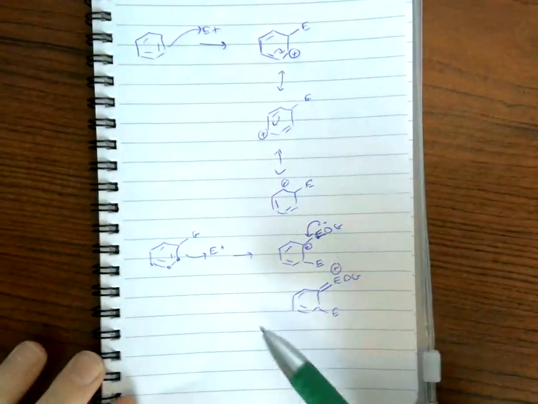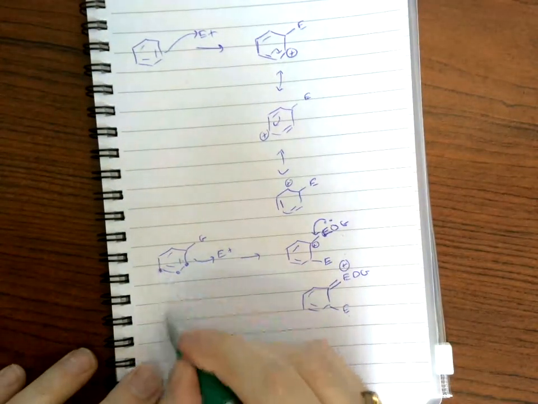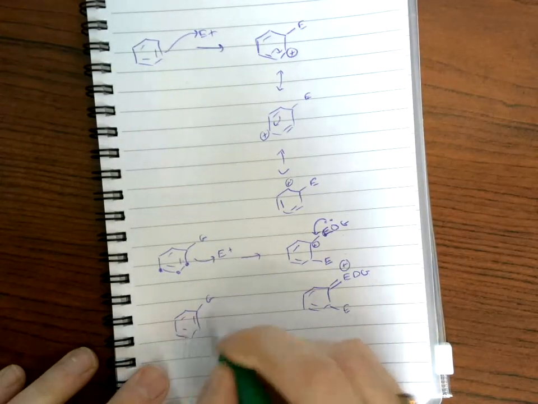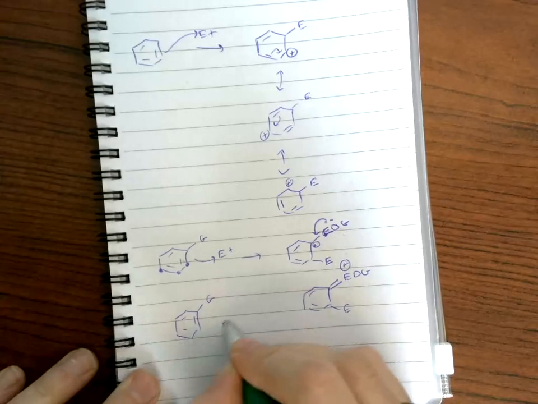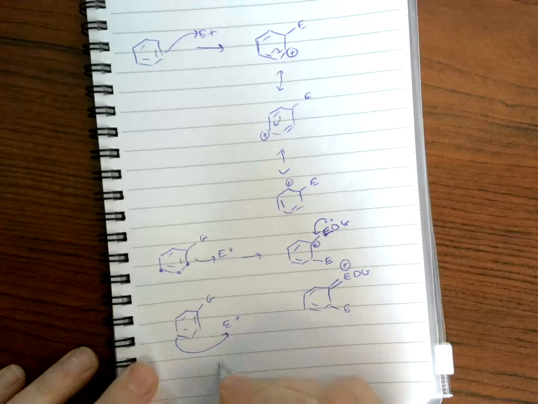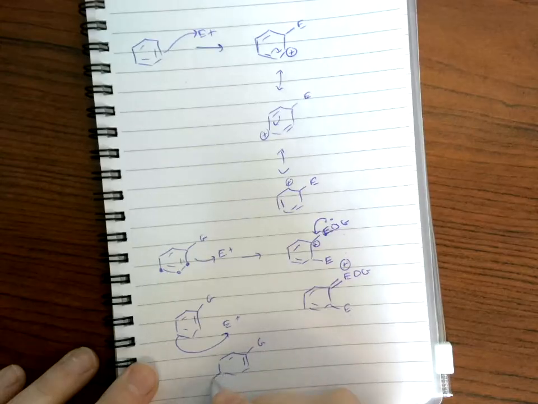It does the same thing if you add at the para position. If you have your group here, and your electrophile adds right here, you would get, your group is here, and the double bond right here is the one that broke, this one right here.